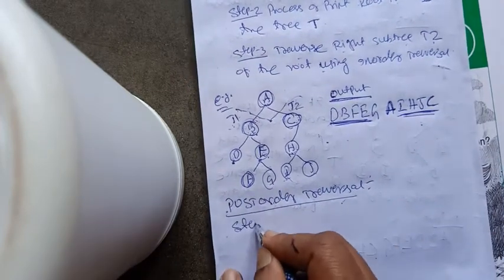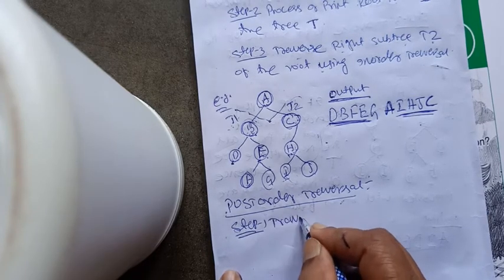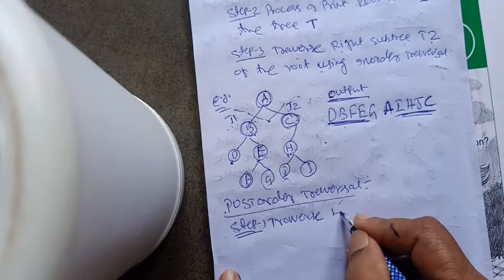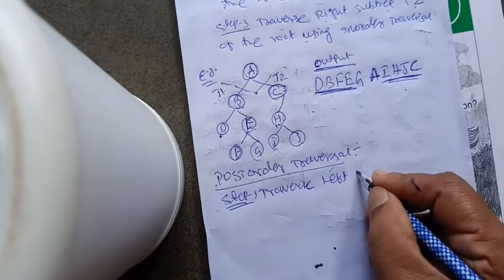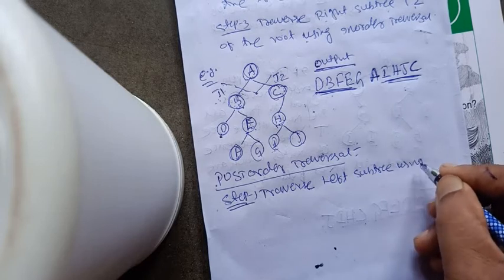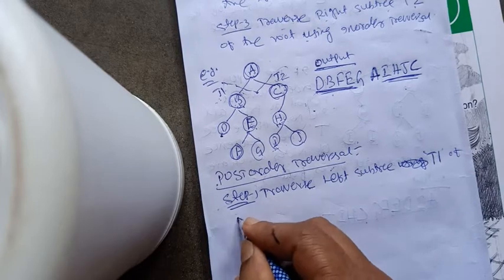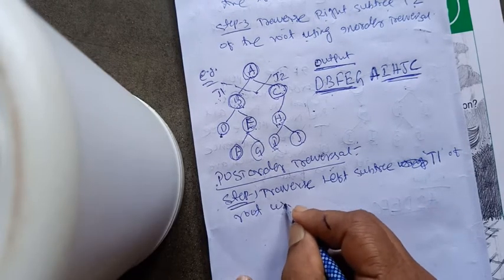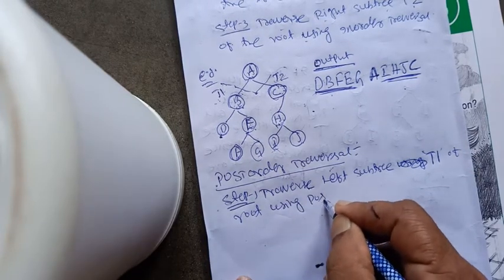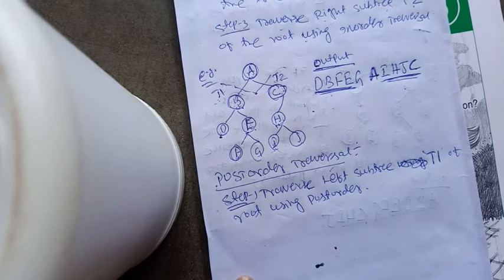Okay, step 1 says traverse left subtree T1 of root using post order. So when you traverse, again you have to use some traversal mechanism.